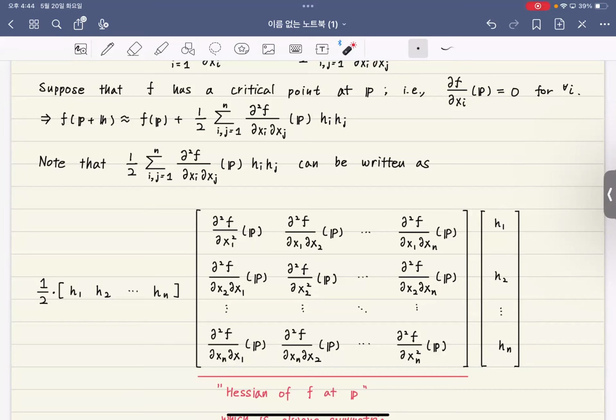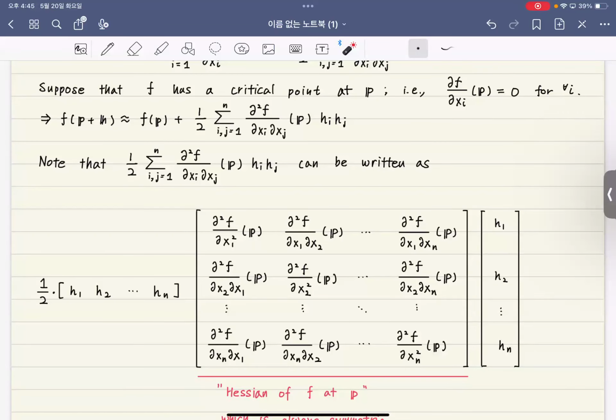And just one more thing. I always forget this person's name, but what was the Clairaut theorem? The Clairaut theorem says that when you take higher partial derivatives of a function, the order of the derivatives actually doesn't matter. The partial xy is always the same as partial yx, right? And so on.